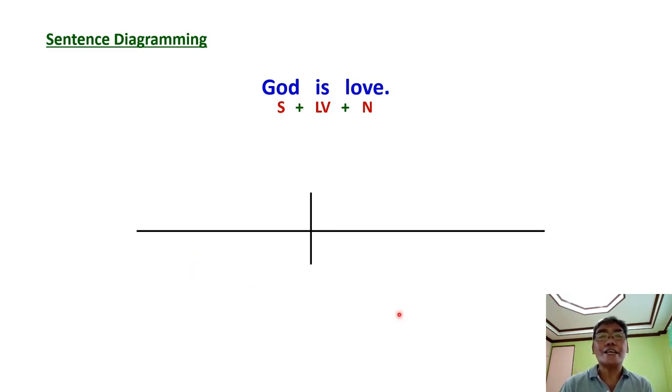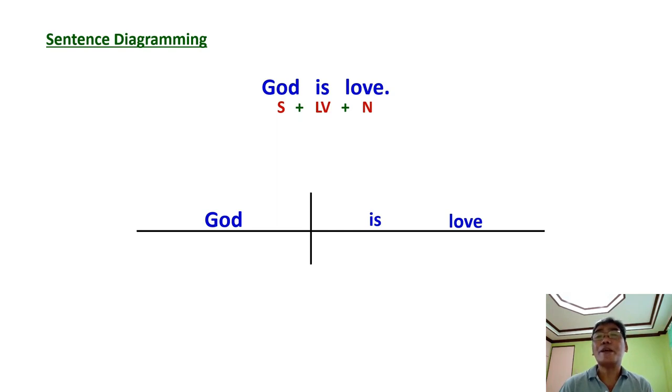Let us now start diagramming the sentence. Our subject is God. So, the word God should be written on the upper left section. And then, the words comprising the predicate are the linking verb is and the predicate noun love.